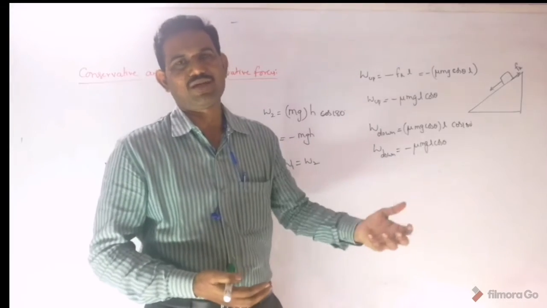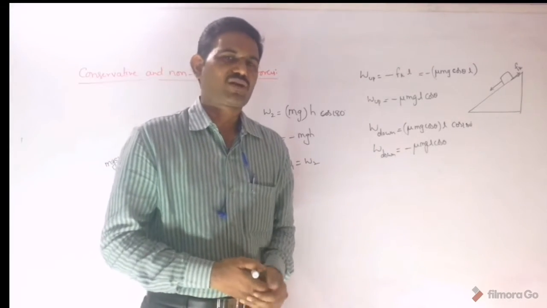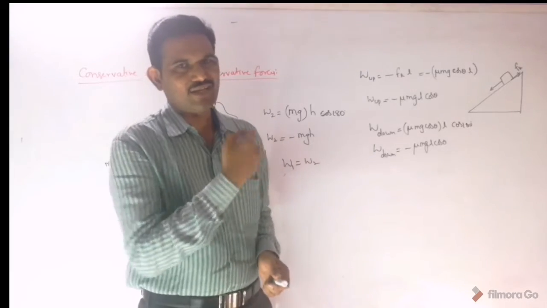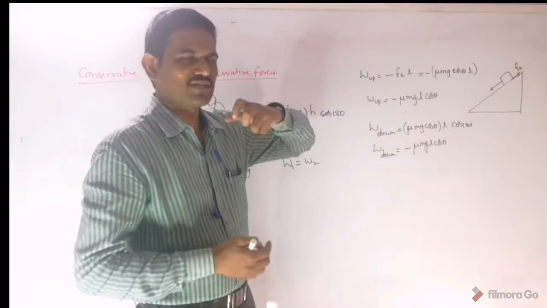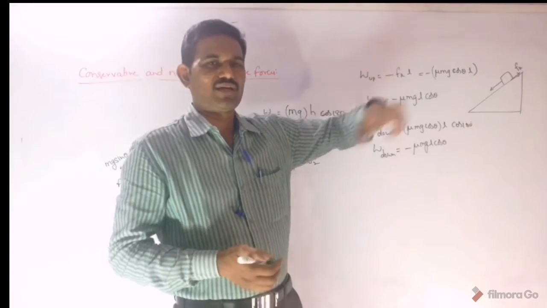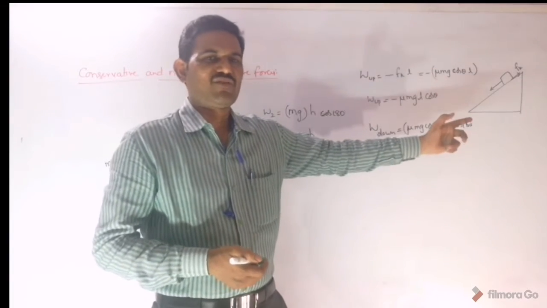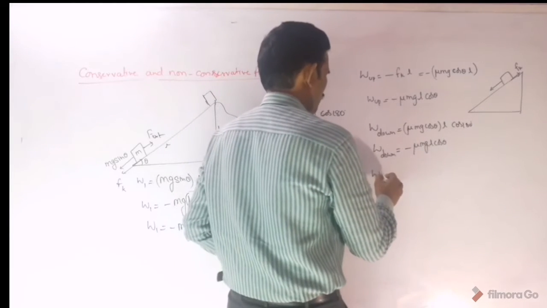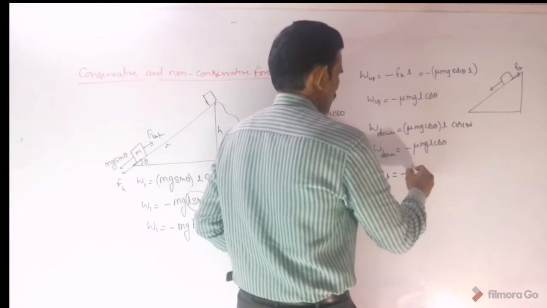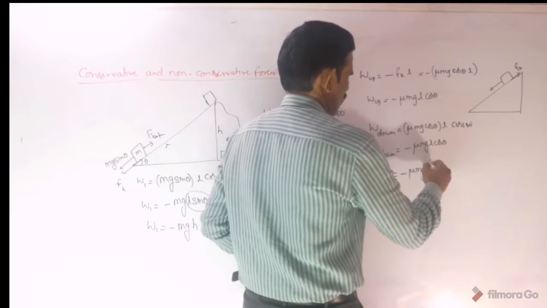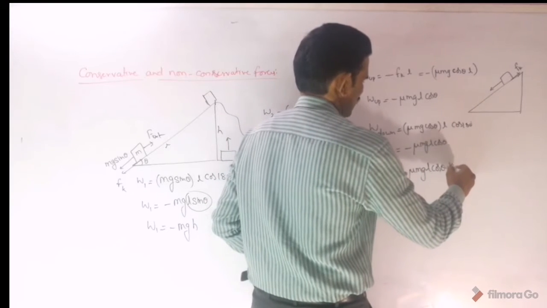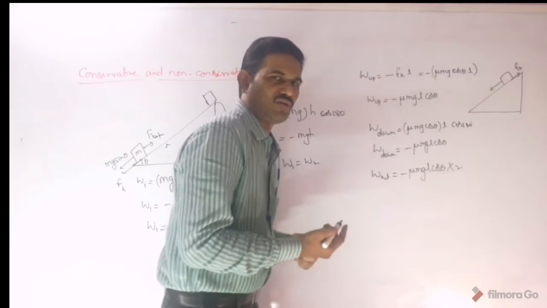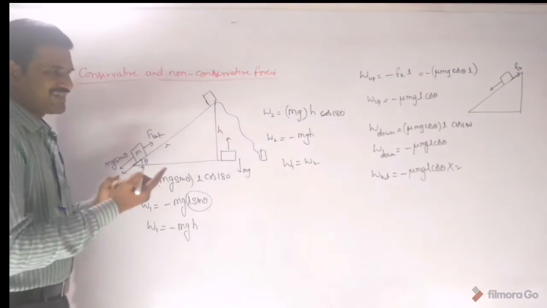Moreover, for the complete journey, rising up and again coming down, the work done by friction is non-zero, right? So the net work done is minus 2 mu mgL cos theta, because we need to add the work done up the inclined plane and down the inclined plane, so it is a non-zero value.